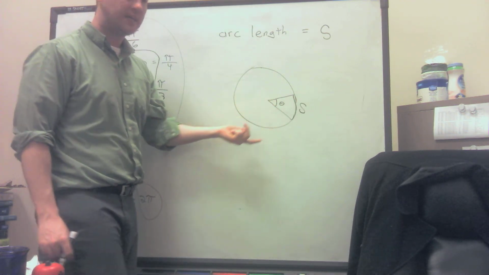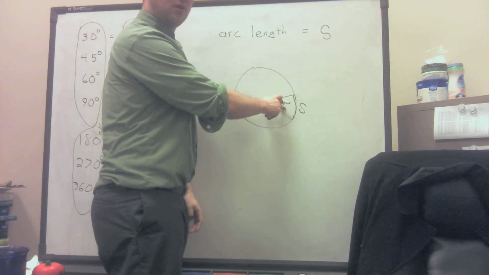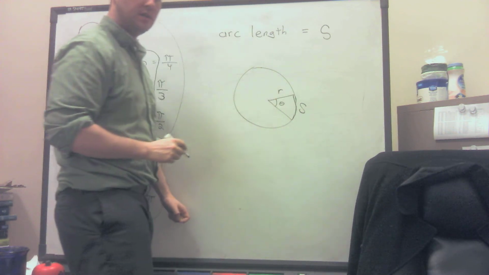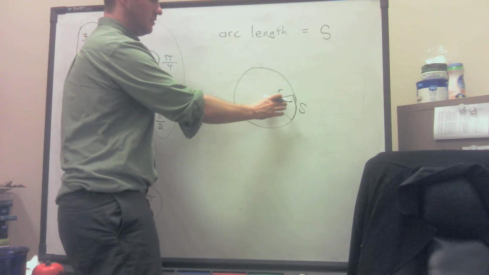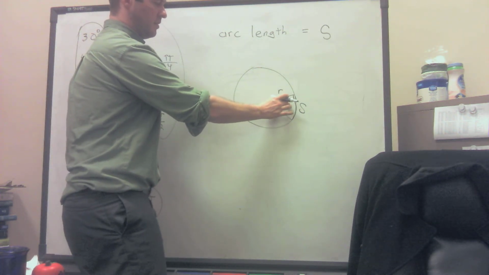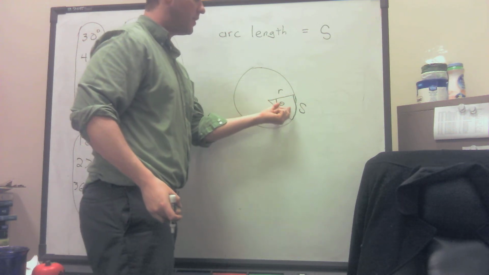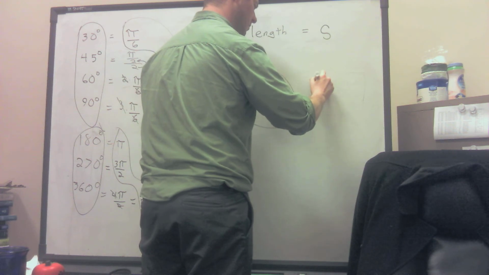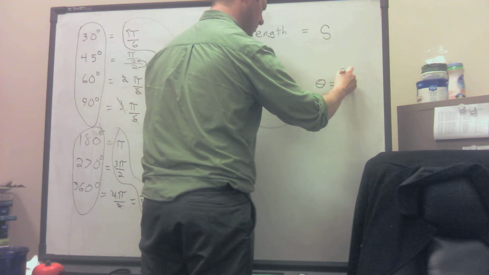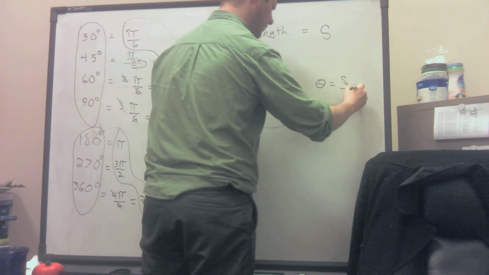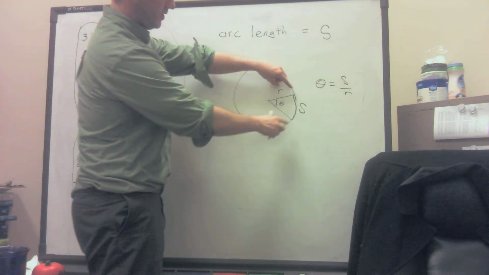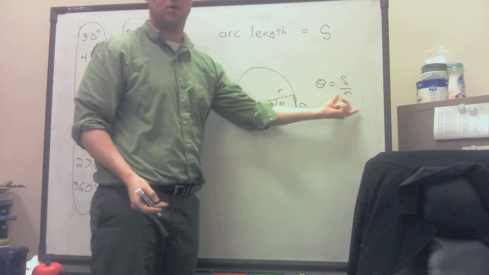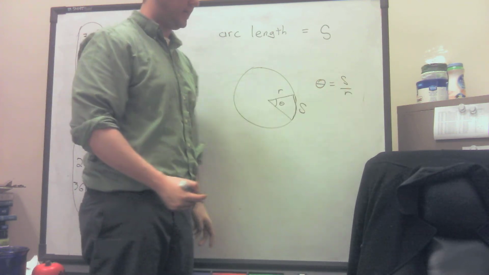How can you calculate s? Well, if you know that angle and you know your radius, your angle there is just going to be your arc length divided by your radius. So if you wanted to find the length, that length right there, and you knew your angle, we could take our formula and solve it for the arc length.